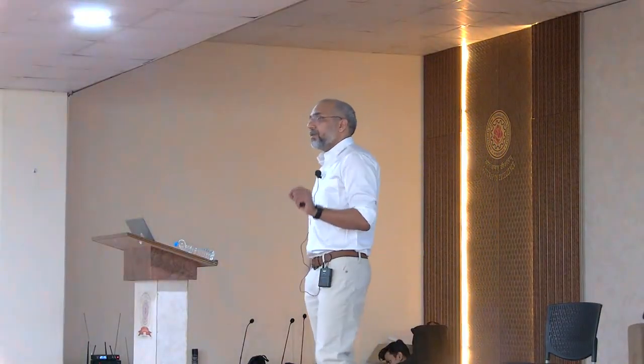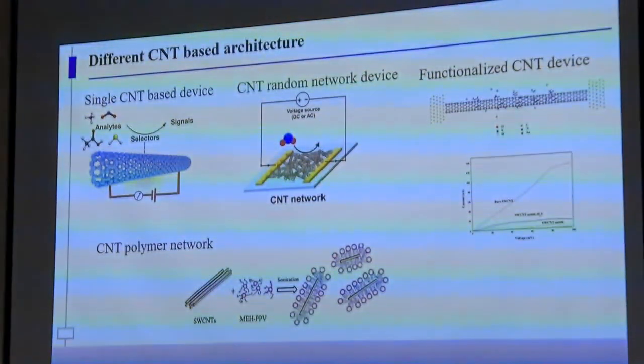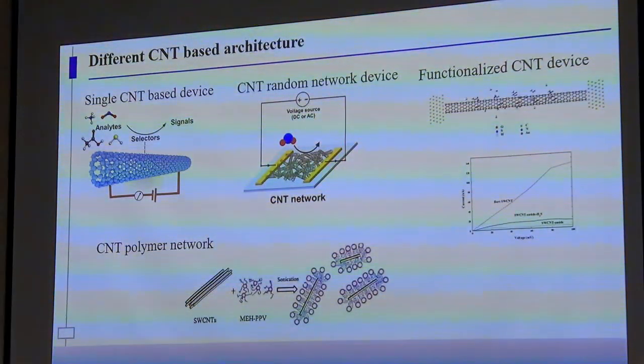And we can create different types of network. For this CNT, it might be very difficult to have an individual CNT for sensing application, and we talk about quantum resistive sensing. We can have FET devices for a single carbon nanotube, but it can be challenging to have that one. The second is the CNT random network.